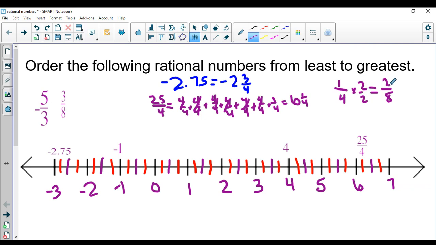So 1/4 is the same as 2/8. If 1/4 is 2/8, 1/2 as eighths would be 4/8. I know that 3/8 is going to be in between 1/4 and 1/2. So it's going to go about there.